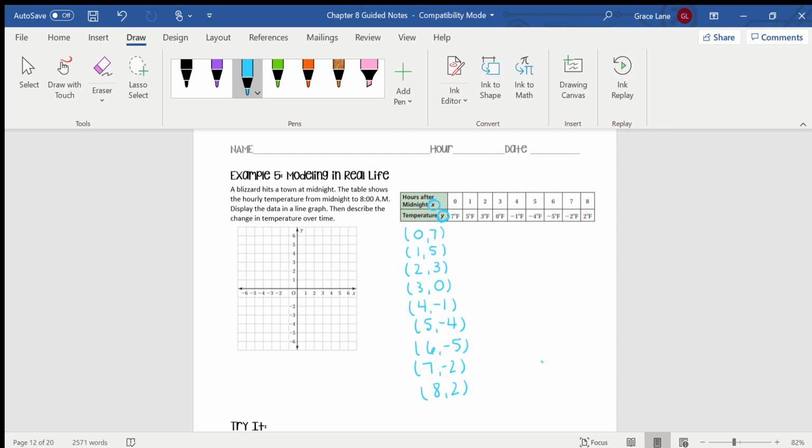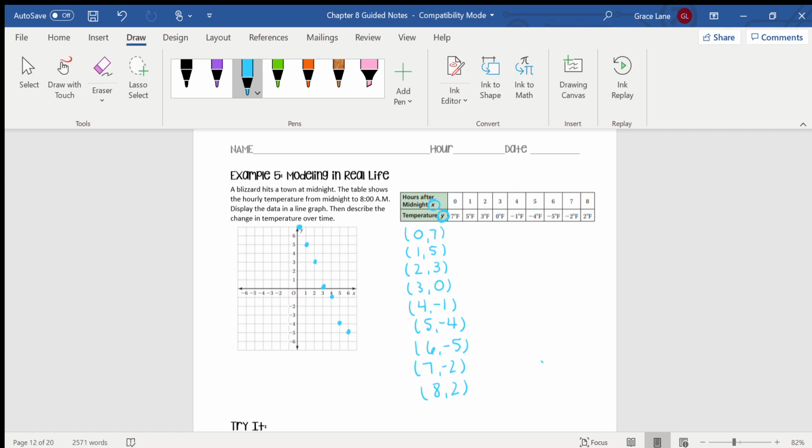And so 0, 7 would be there. 1, 5, 2, 3, 3, 0, 5, -4, 6, -5.